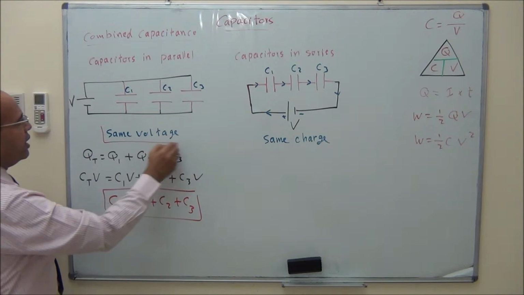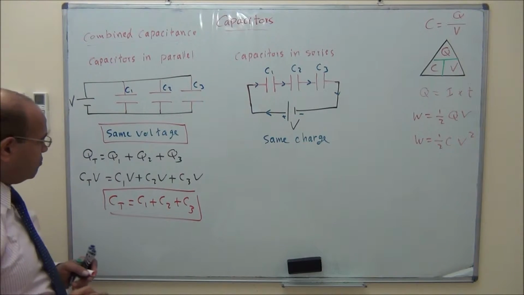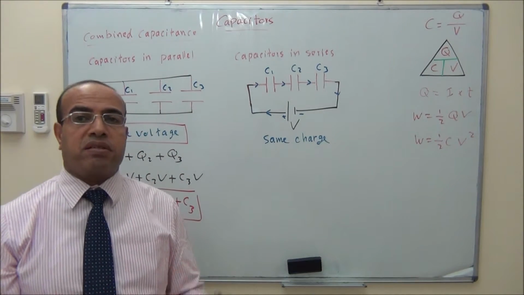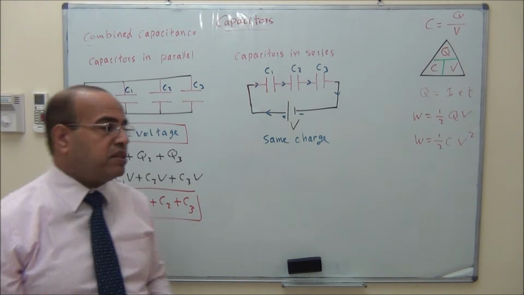In parallel, we have the same voltage, and C total, the equivalent capacitance, is the sum, C1 plus C2 plus C3.